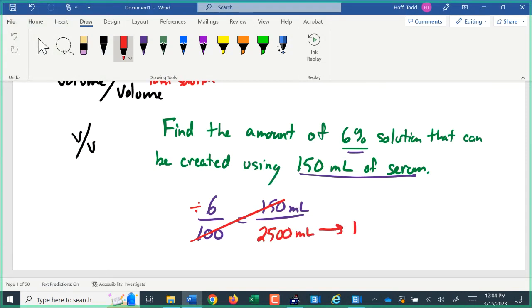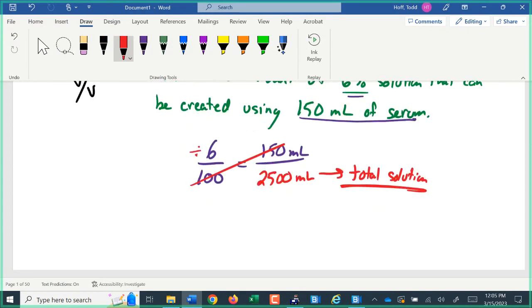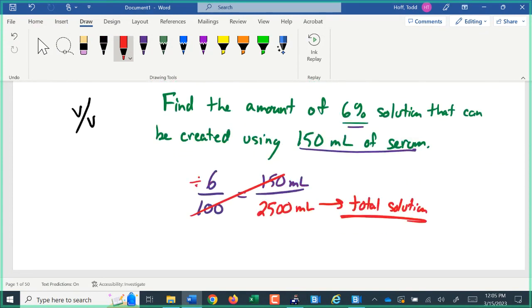And now this is total solution. In this case, I cannot calculate how much water or NS would be added to that because I don't know if the serum is powdered or if it's already a liquid solution or whatever it is. I don't know if they're going to add up.